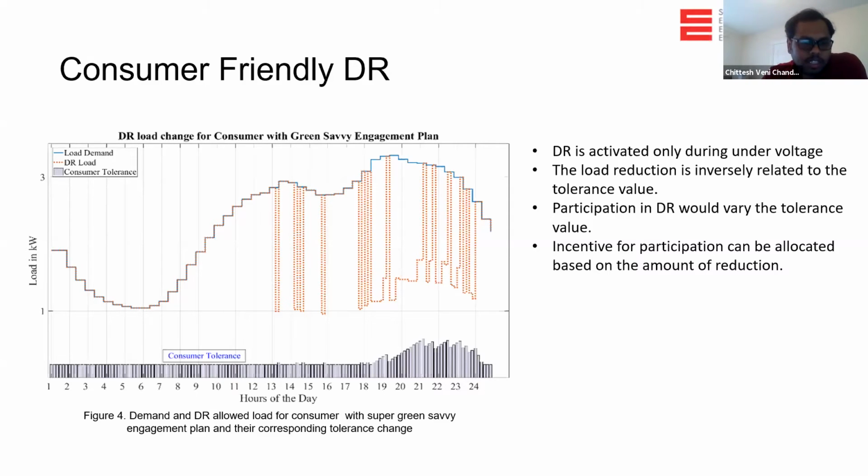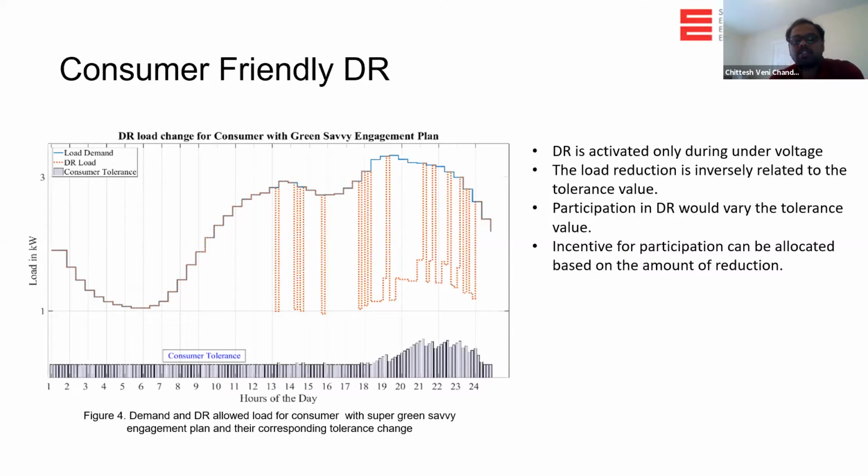You can see the consumer tolerance values keep changing depending on their participation. Sometimes they go up and sometimes they go down. One of the things we incorporated in the algorithm was for when a consumer is chosen repeatedly. That's the fairness part.